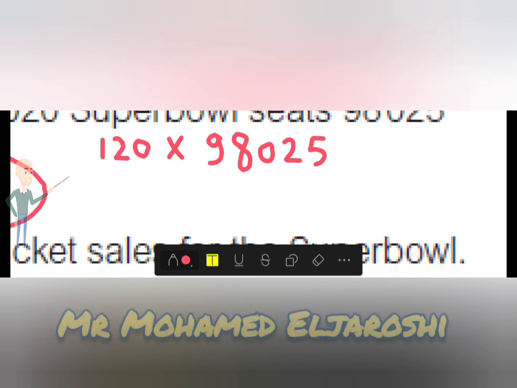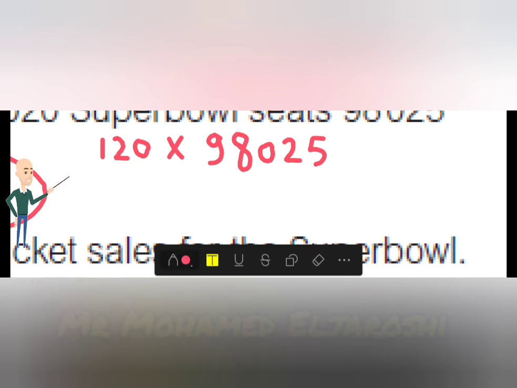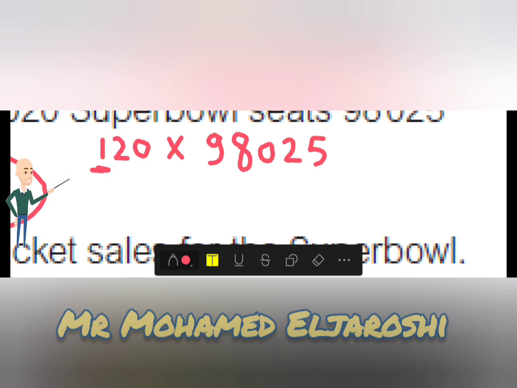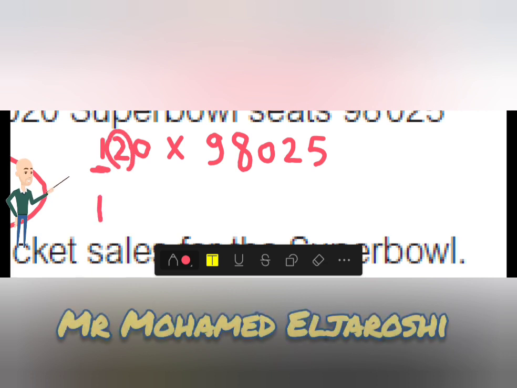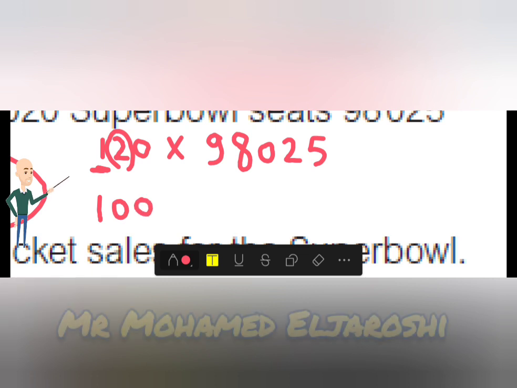Now, this is multiplying. Because I'm multiplying, I want to know how much money they got. But they want me to estimate. So to estimate, I'm going to round the numbers and then multiply them. So when you round this to the first significant figure, the second one is 2. It's small, so it's going to be 100 here. So I don't add anything to the 1.